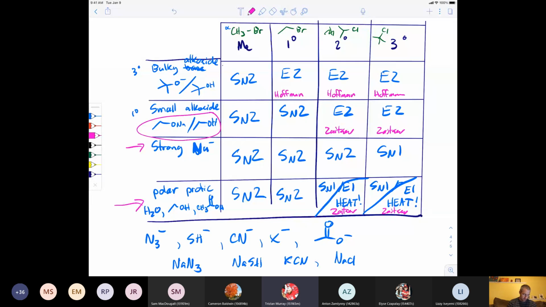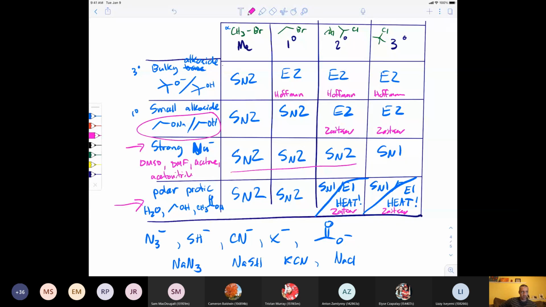For a strong nucleophile, typically if you want to make an SN2 reaction faster, the best solvents to use are polar aprotic solvents, like DMSO, DMF, acetone, acetonitrile, etc. So how about we do some examples?